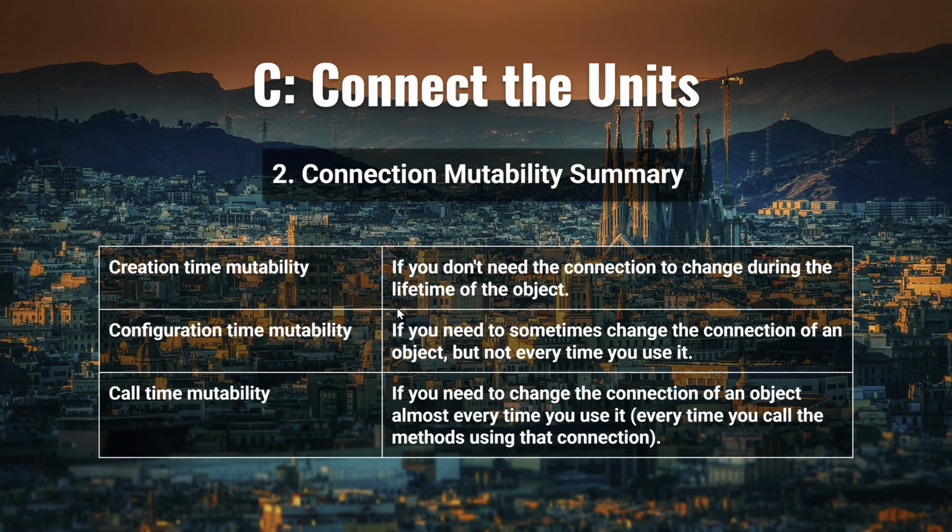Configuration time mutability is good if you need to sometimes change the connection of an object, but not every time you use it. And call time mutability is good if you need to change the connection of an object almost every time you use it, meaning every time you call the methods that use that connection.